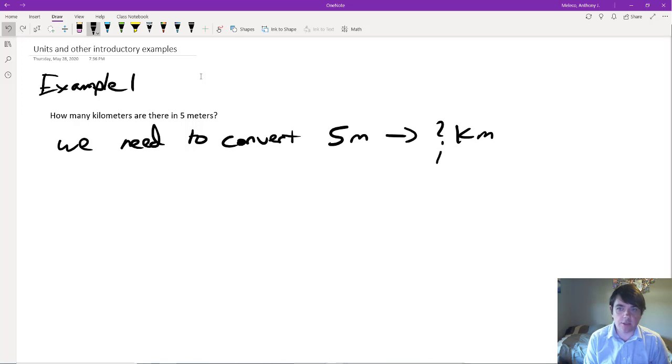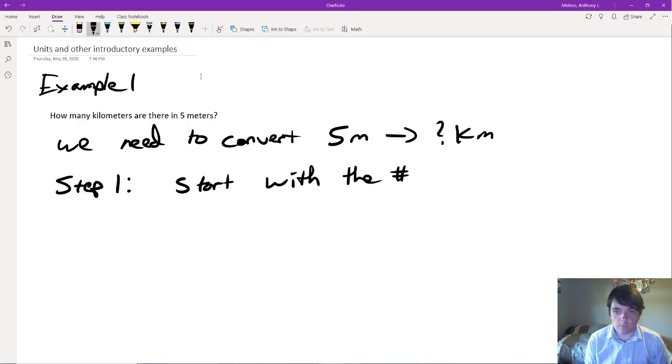So that is unknown to us, how many kilometers that is. So when you're looking at how to do these types of questions, step 1, start with the number you know. So we know 5 meters, and so we would put 5 meters right here, okay?